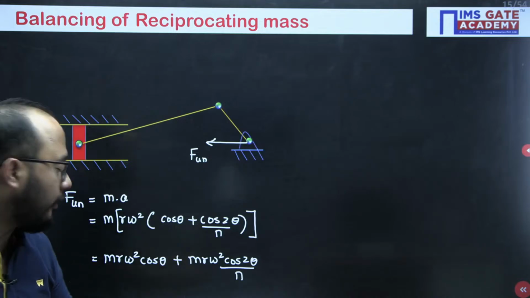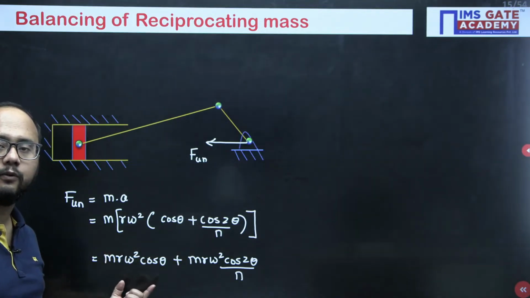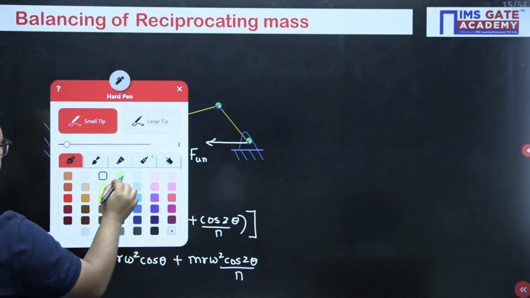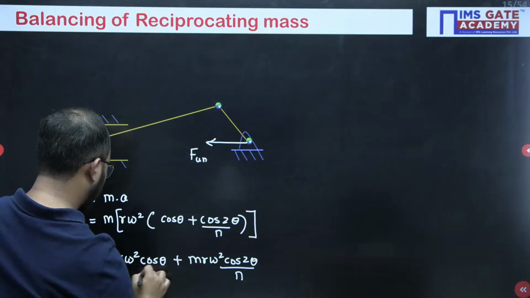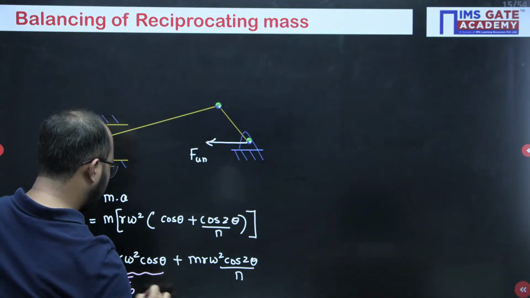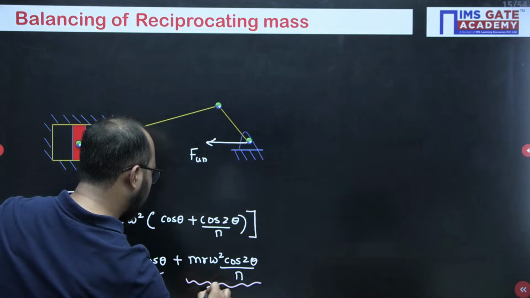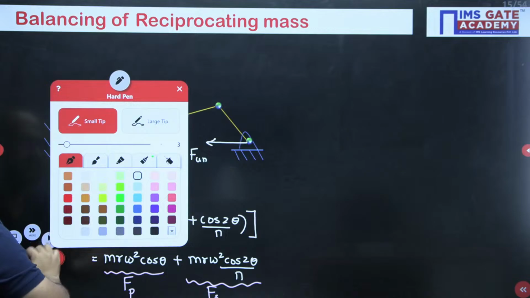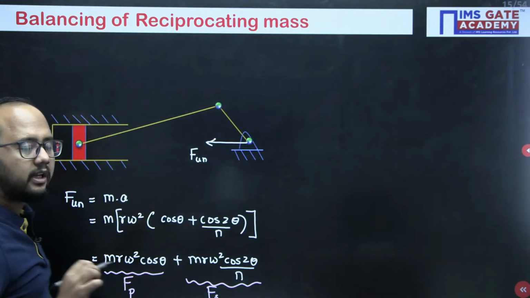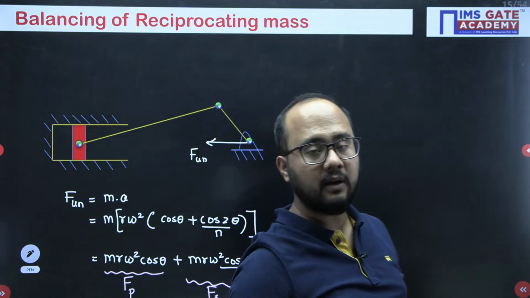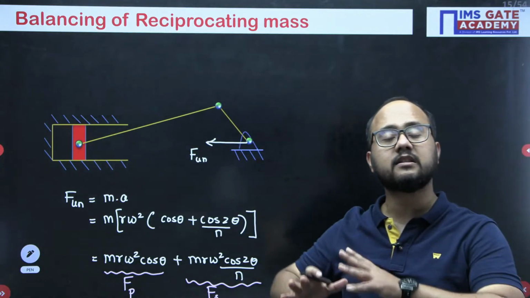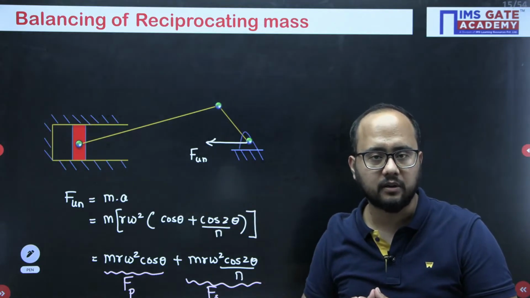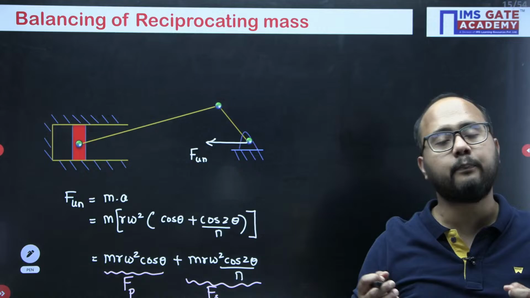Now a very important point: this is the primary unbalanced force, and this is the secondary unbalanced force. This is very important information. In reciprocating masses it is not possible to completely balance the unbalanced forces, so we will do partial balancing.